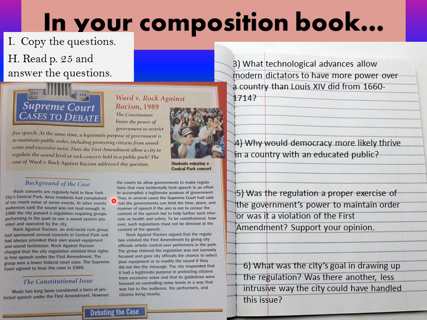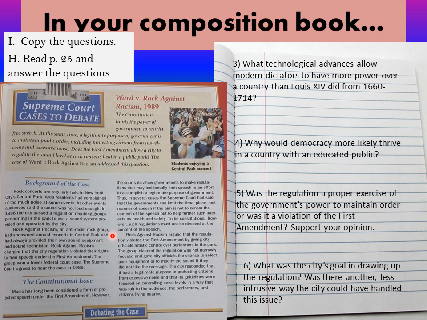Thus, in several cases, the Supreme Court had said that governments can limit the time, place, and manner of speech if the aim is not to censor the content of the speech, but to help further such interests as health and safety. To be constitutional, however, such regulations must not be directed at the content of the speech. That's key here for your answer for number 5.